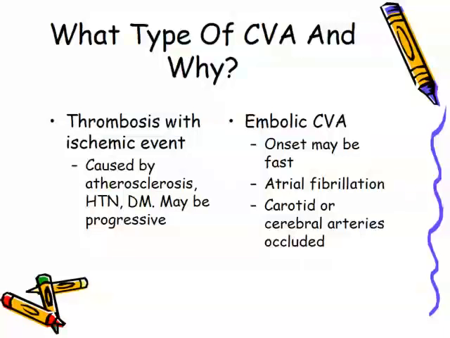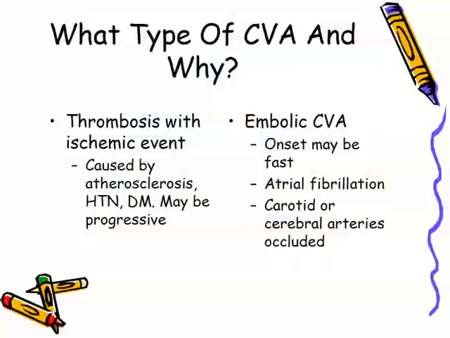This would be considered thrombosis with an ischemic event, and the causes that are listed there are the most common things that can cause this type of a disorder. Atherosclerosis, hypertension, diabetes are all common causes. The second type listed there is an embolic CVA. The onset of this typically is fast.